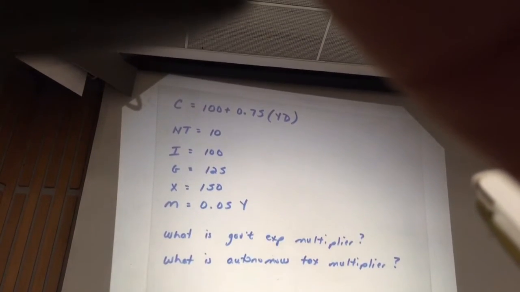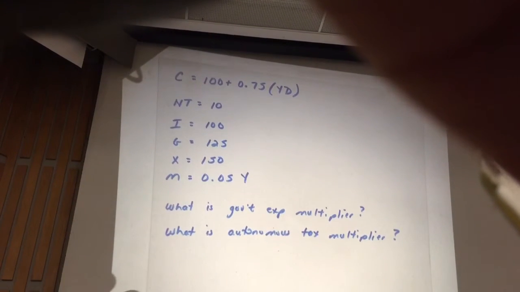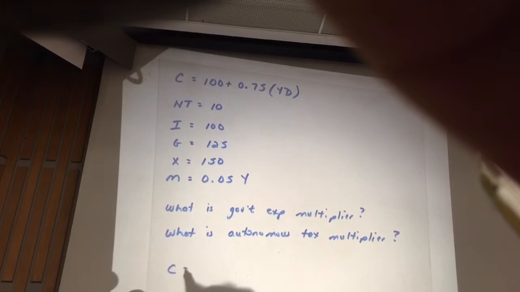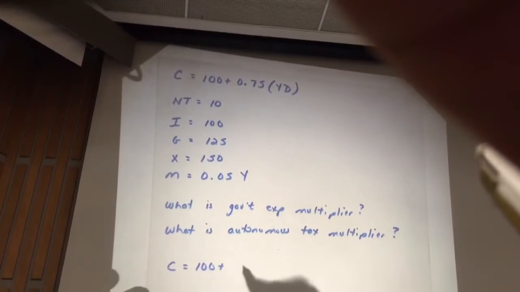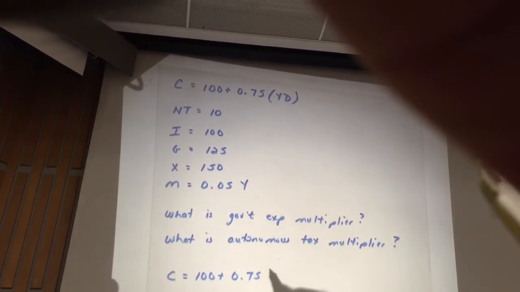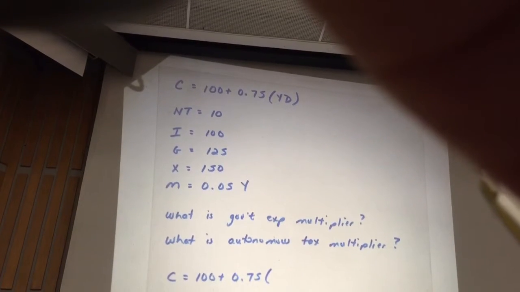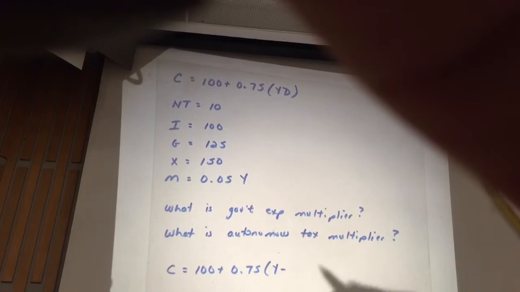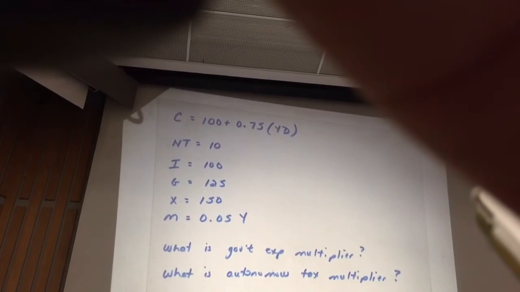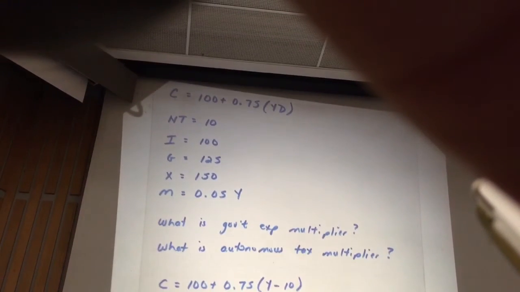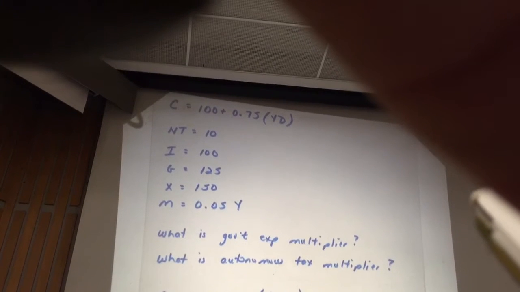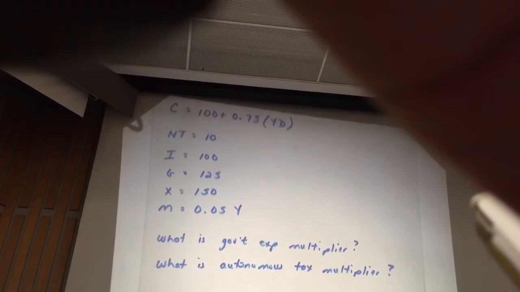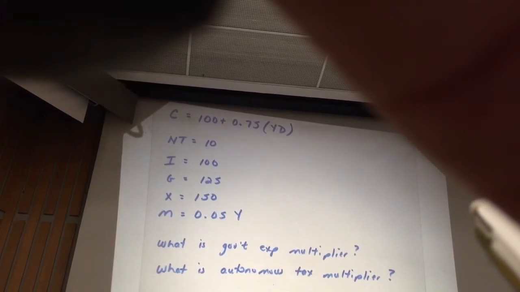The first thing I want you to do is find the consumption function. So C is equal to 100 plus 0.75, and then in this bracket, you need to put in what YD is. So it's going to be Y minus taxes, which are 10. So C is equal to 100 plus 0.75Y minus 7.5.